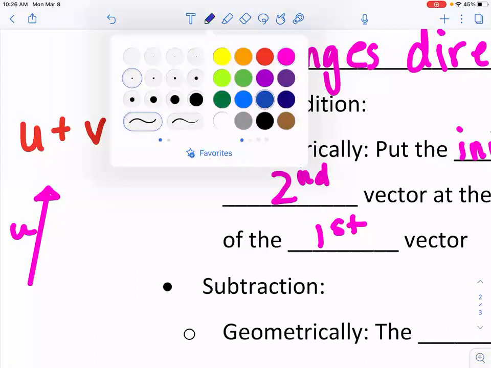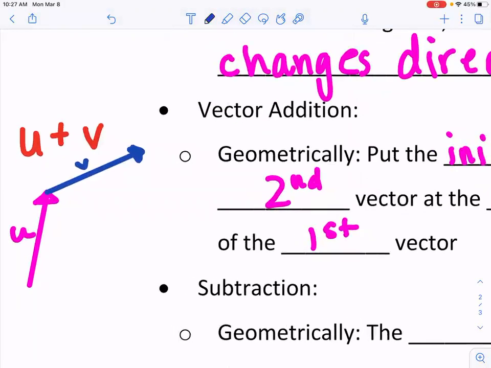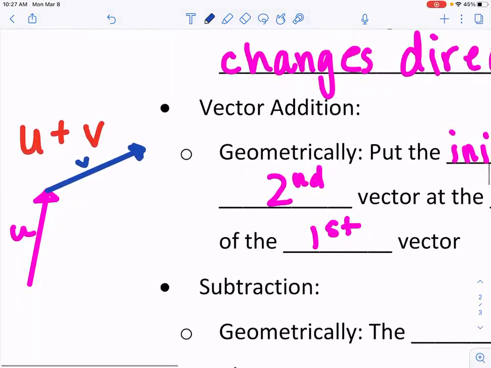And then for vector v, I'm going to put the initial point of the second vector at the terminal point of my first vector. So basically, here's our first vector. I'm adding the second vector, and then when we connect them, this is our u plus v. That is what is happening visually.